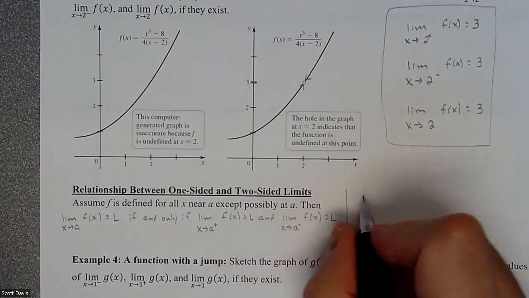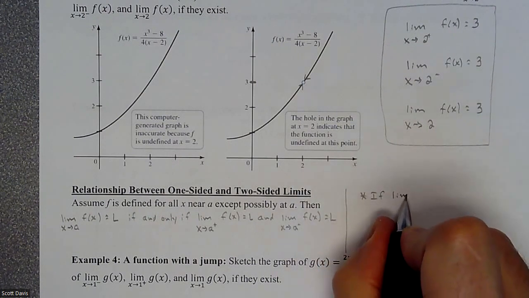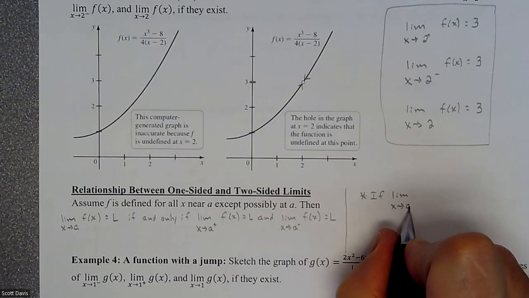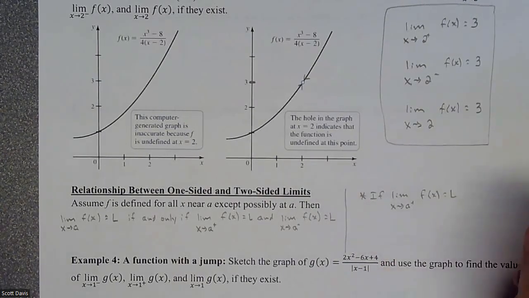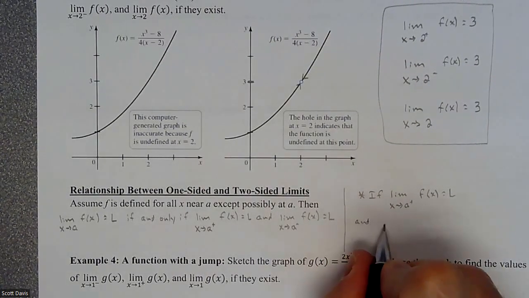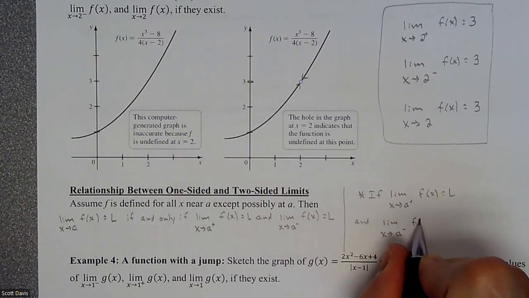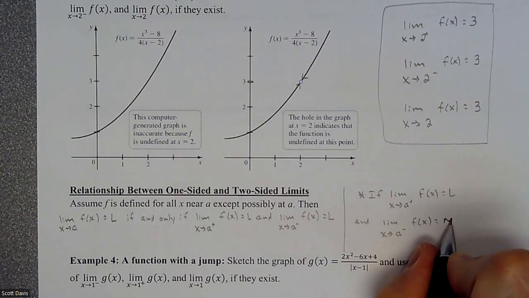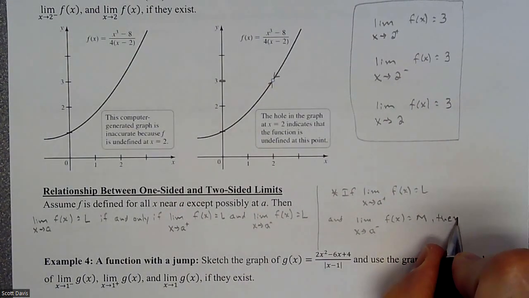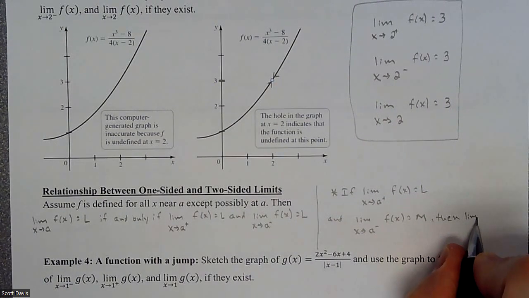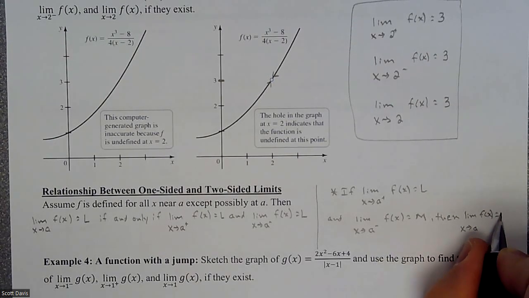So then we can define the whole limit. If the limit as x approaches a from the right, let's say it equaled L, and the limit as x approaches a from the left equaled something other than L, then our limit as x approaches a in general does not exist.